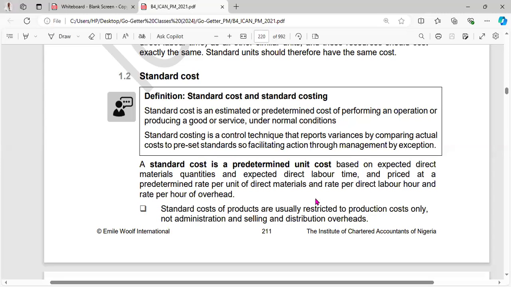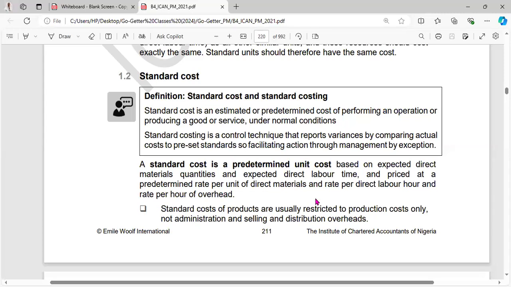So I want you to look at this difference now. Standard is the building block of budget. So when we say budgeted cost, it means we have used a standard cost to make plans for more than 1 unit.